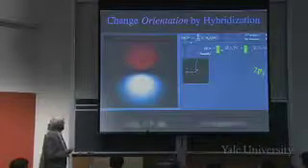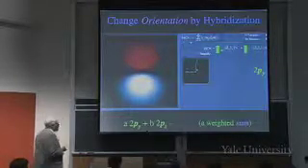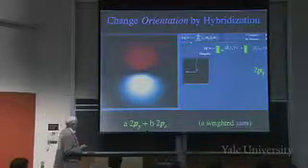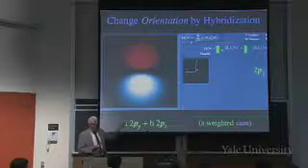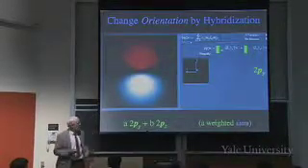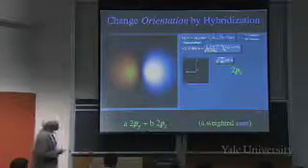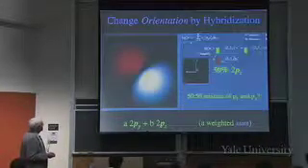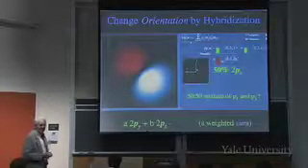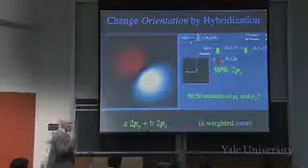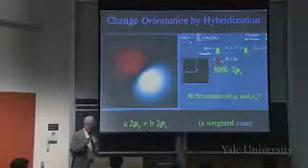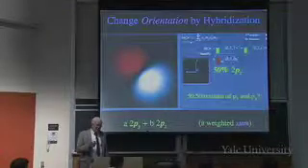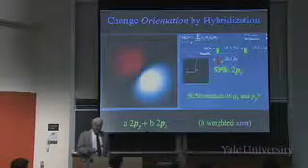So if we add them together to make a weighted sum, we don't have to add them 50-50, but we'll start by adding 50-50. A 50-50 mixture will give that, just what you said. So we changed the orientation of the p orbital by adding two.